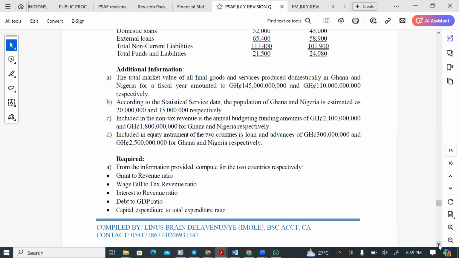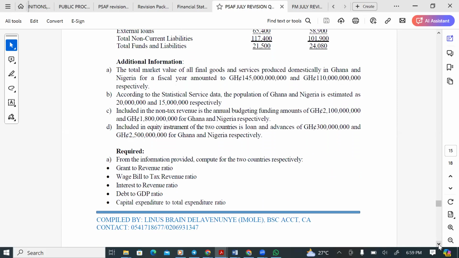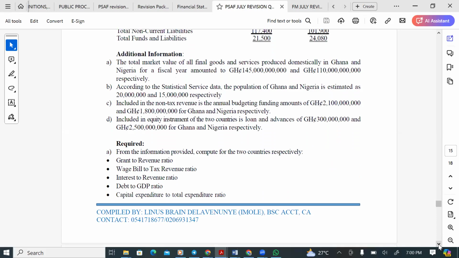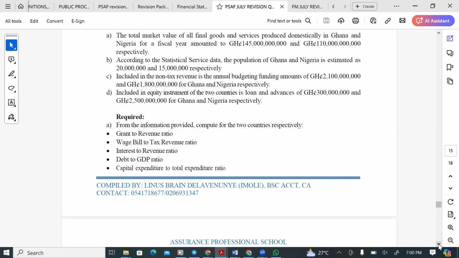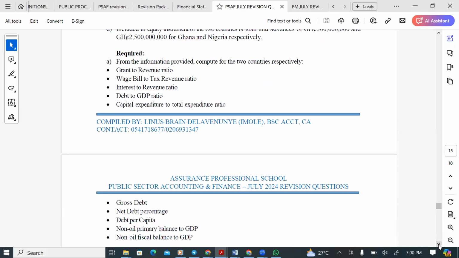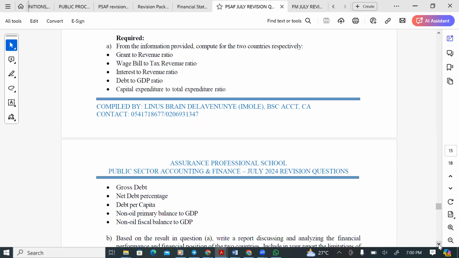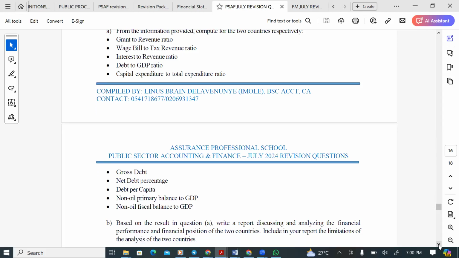A. From the information provided, compute for the two countries respectively: grants to revenue ratio, wage bill to tax revenue ratio, interest to revenue ratio, GDP to debt, debt to GDP ratio, capital expenditure to total expenditure ratio, gross debt, net debt percentage, debt per capita, non-oil primary balance to GDP, non-oil fiscal balance to GDP.